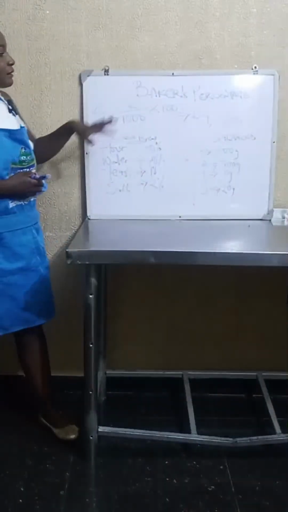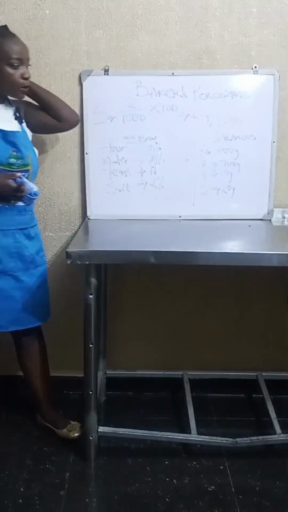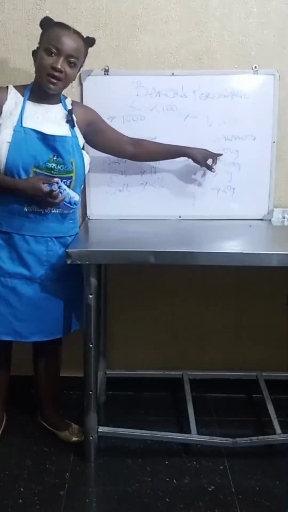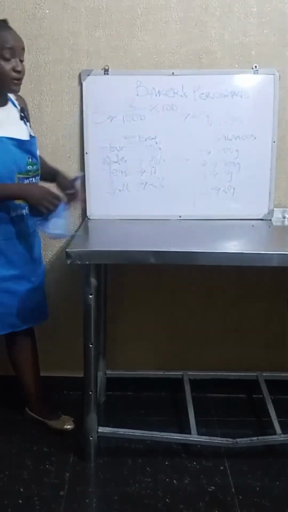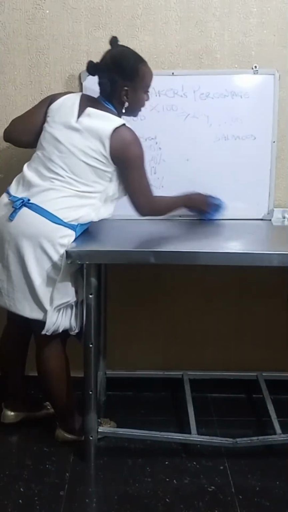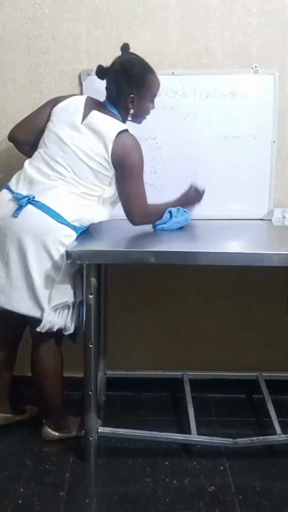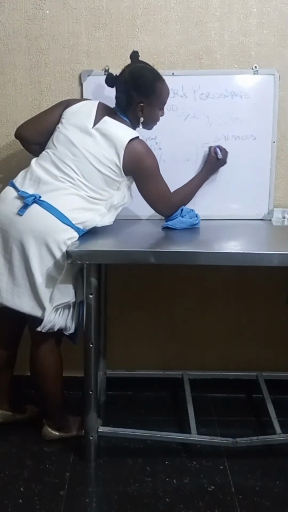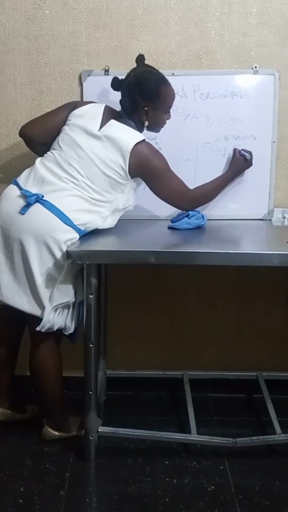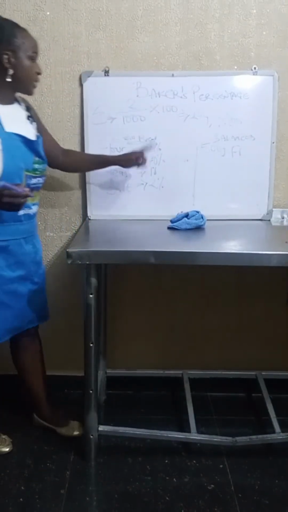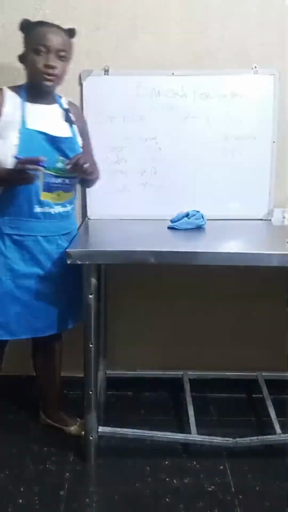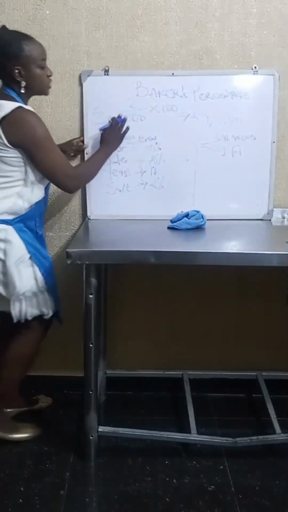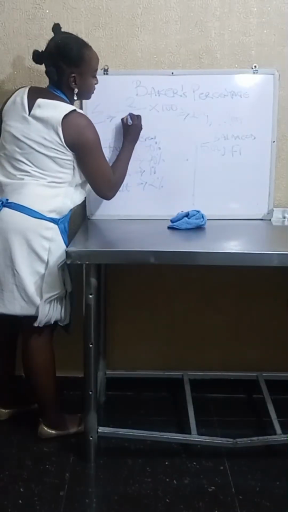So this is the general guide. If you already know what quantity of flour you have, even if you want to use 500 grams of flour, this is how the formula is going to be. Let's say we only know our flour is 500 grams. I want to get the water, the yeast, and the salt we are going to use. All you need to do at this point is change 1,000 to 500 grams.